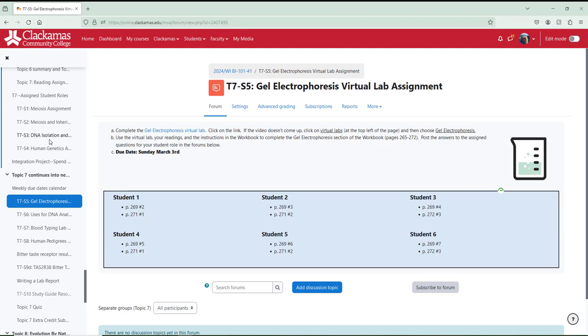Do we have 2 dominant alleles? Do we have a dominant and recessive allele, or are we homozygous recessive for the bitter taste gene? We do that using gel electrophoresis.